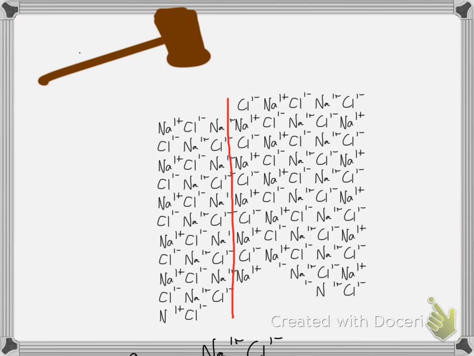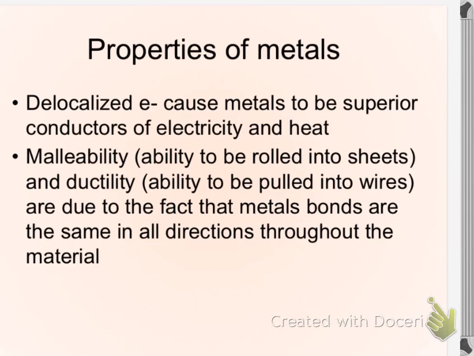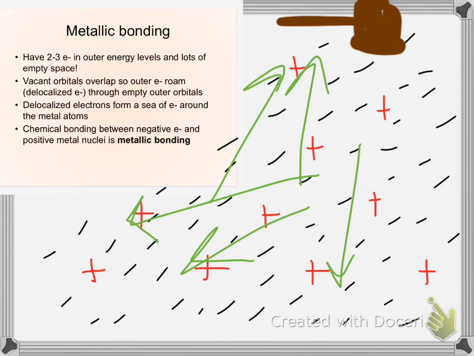This whole piece is going to split off. Ionic compounds tend to be brittle. You hit my beautiful chunk of salt with a hammer, it's just going to split right along the fracture lines in the crystal. Metallic compounds don't do that, and it's down to how their electrons are arranged.